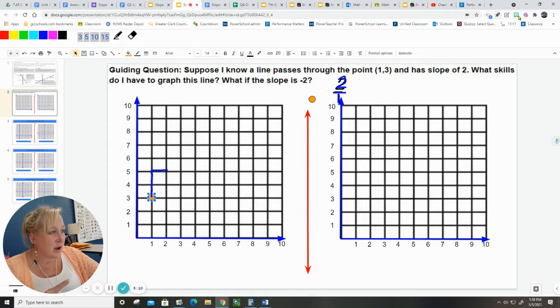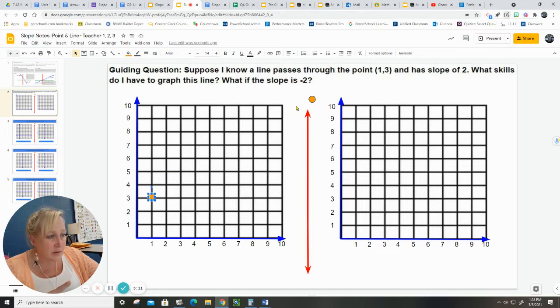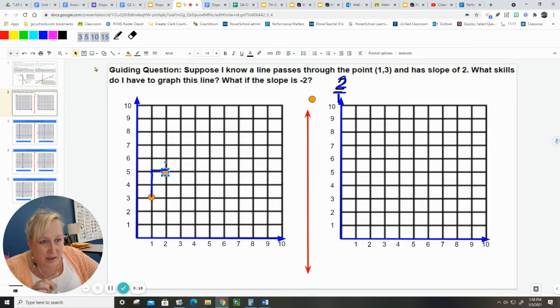So now I can drag my point to that. Perfect. I can continue that slope, 2, 1, 2, 1, and I kind of run out. Now, if I had to go backwards, I could do that. So let's drag more points. Oh, shoot. Let's drag more points to those places.